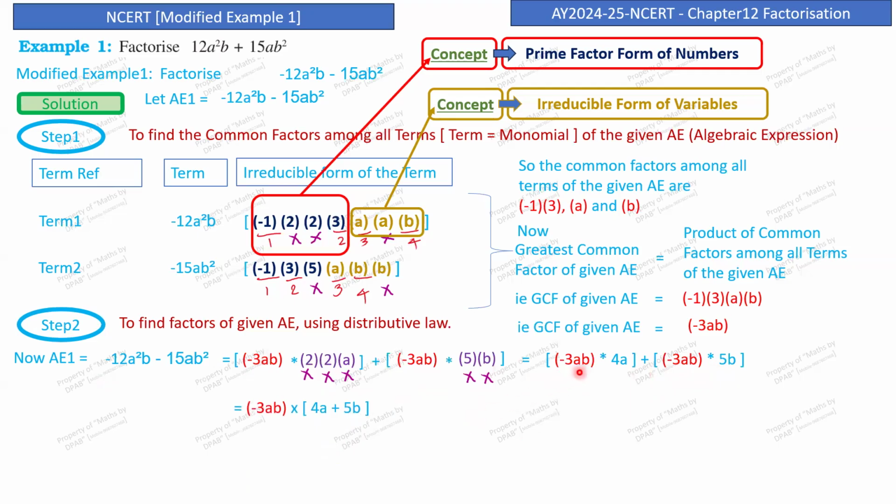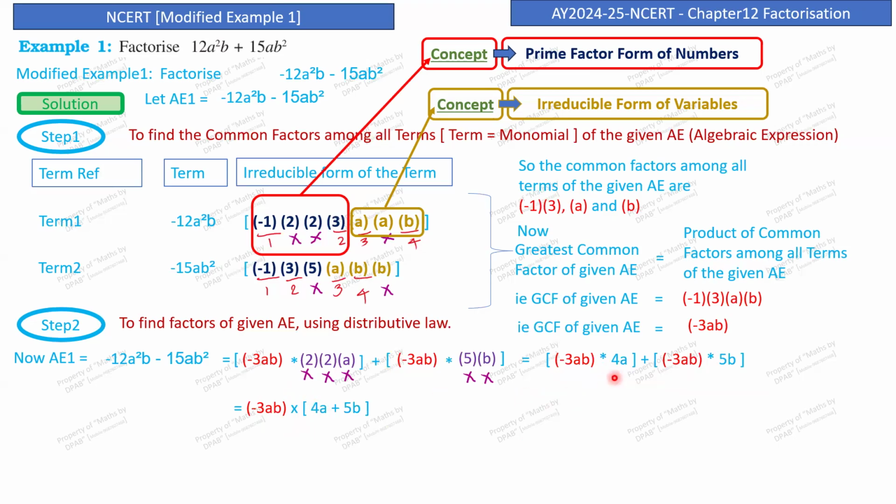Now using the distributive law, because term 1 has minus 3AB and term 2 also has minus 3AB, we are just taking it outside like this and putting this cross symbol. You can put the star symbol using the computer, or simply put a multiplication symbol. When we take out minus 3AB from the first term, then 4A is left out. We have to put 4A within the square bracket.